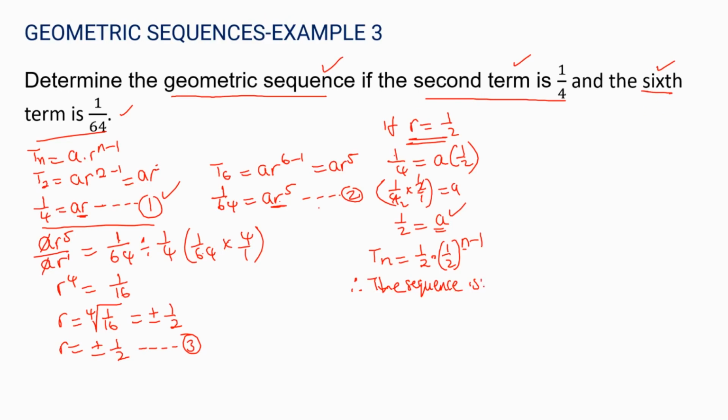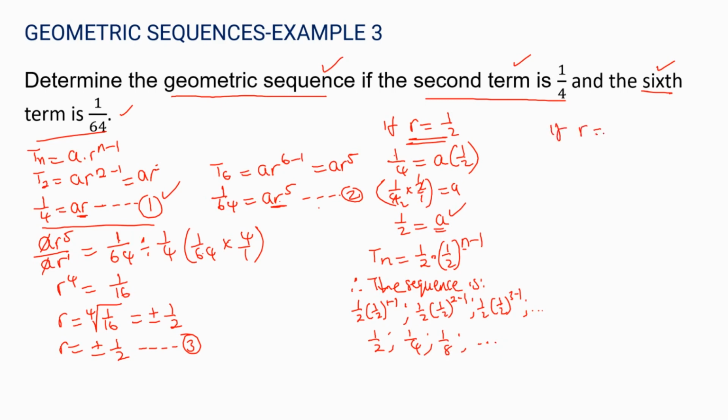T1 is going to be 1 over 2 times 1 over 2 to the power 1 minus 1, then 1 over 2 times 1 over 2 to the power 2 minus 1, then 1 over 2 times 1 over 2 to the power 3 minus 1. It goes on like that. And this will give us 1 over 2, then 1 over 4, then 1 over 8.